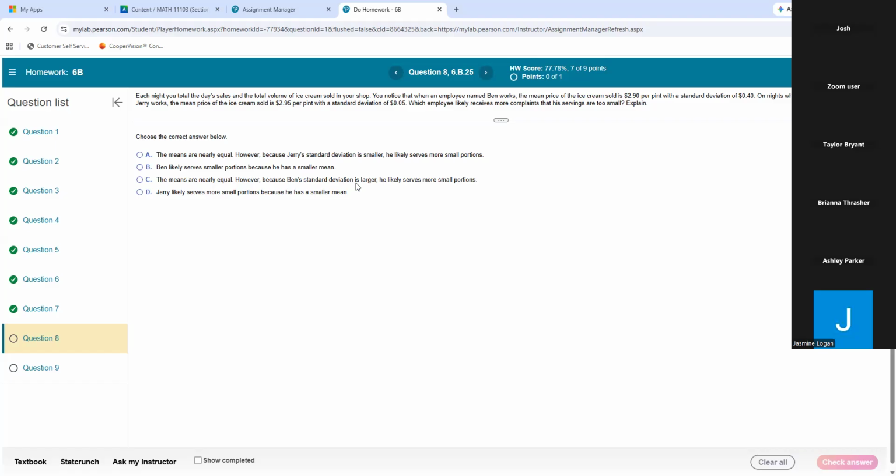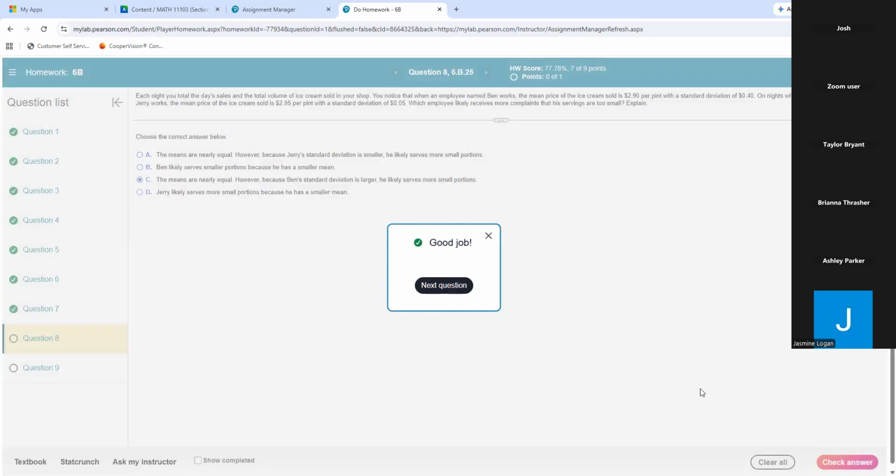So which one was Ben? Ben was the first one. He had a higher deviation, 40 cents, which is higher. So he more than likely served more small portions, okay? So remember, look at that variation and that standard deviation and sort of compare those.